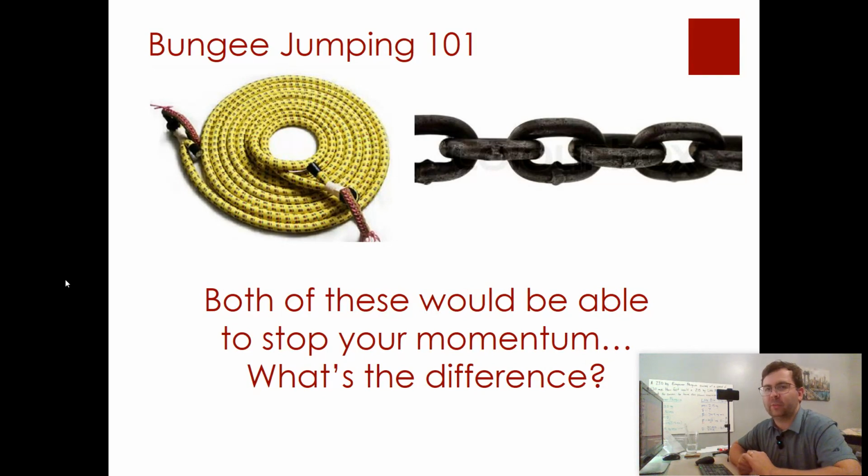And so if it's a long period of time that you slow down, then the force acting on you during that time is small. The metal chains can stop you, but they stop you pretty quickly, almost instantly. So a small amount of time means a big force acting on you, and you don't want to experience big forces. So that explains the difference between the two, even though both of them can stop you.